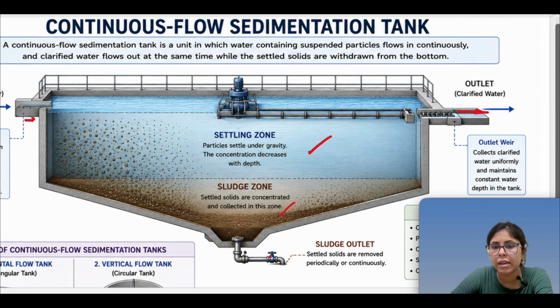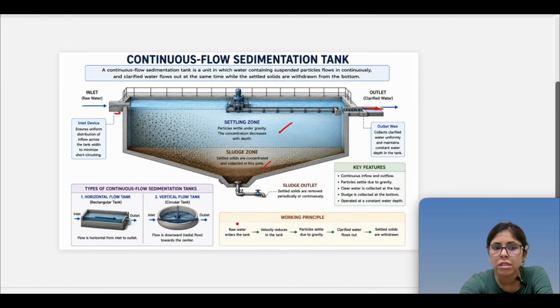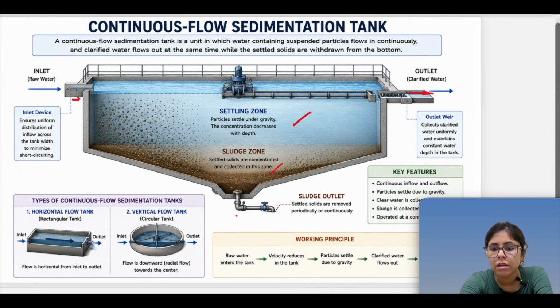Sludge will be taken out from the bottom of the tank, and then there will be two types of sedimentation tank: horizontal and vertical. Flow is horizontal from inlet to outlet. Here vertical flow is downward, radial flow towards the center. So the downward flow is happening towards the center. Okay, so these are the types of continuous flow sedimentation.